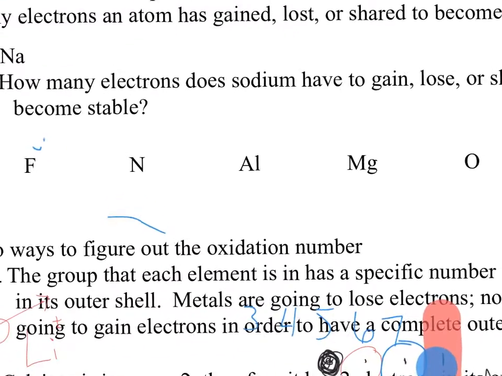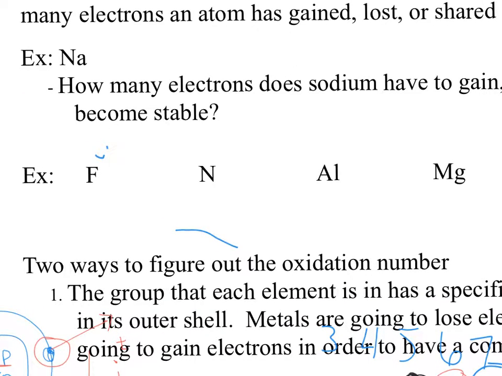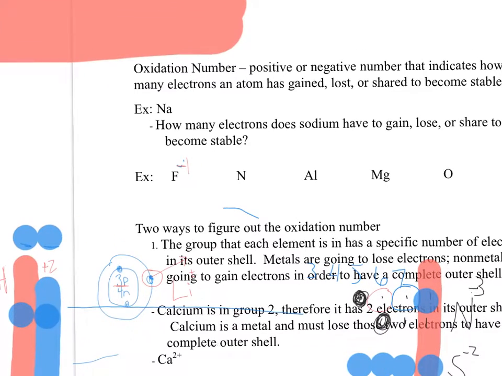I'm not going to ding you for that. And then nitrogen, we already did this one, but nitrogen is right there, 1, 2, 3. Don't count the space, just put your finger on it and then move it over. It's 3 spaces away to the nearest noble gas, so it's going to gain 3 electrons, 3 negative charges.